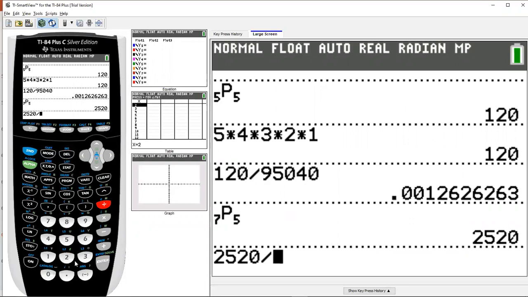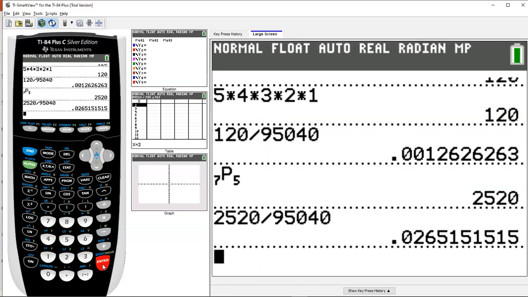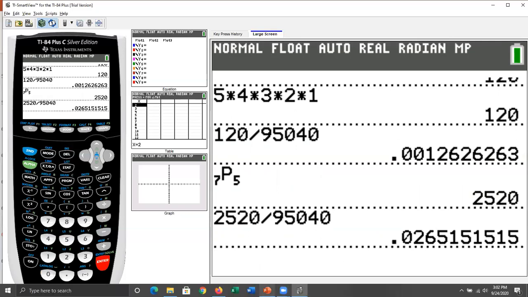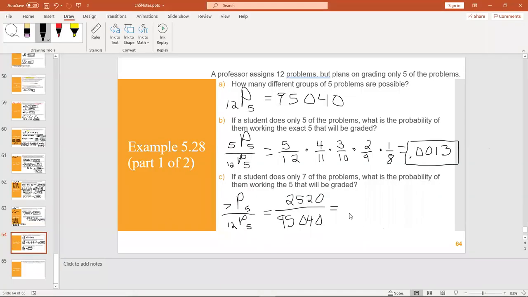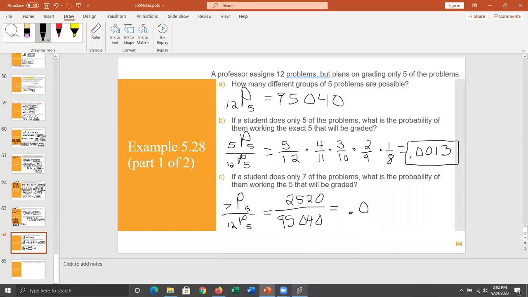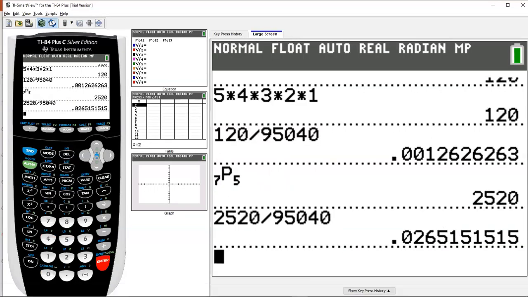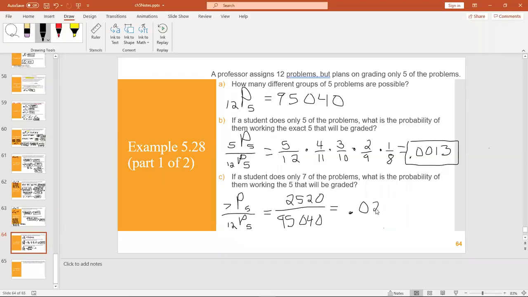So that's 2520 divided by 95,040. That is 0.0265. That's like a 2.5% chance. That's a little bit better, but not by a lot. Okay, so still quite unlikely.